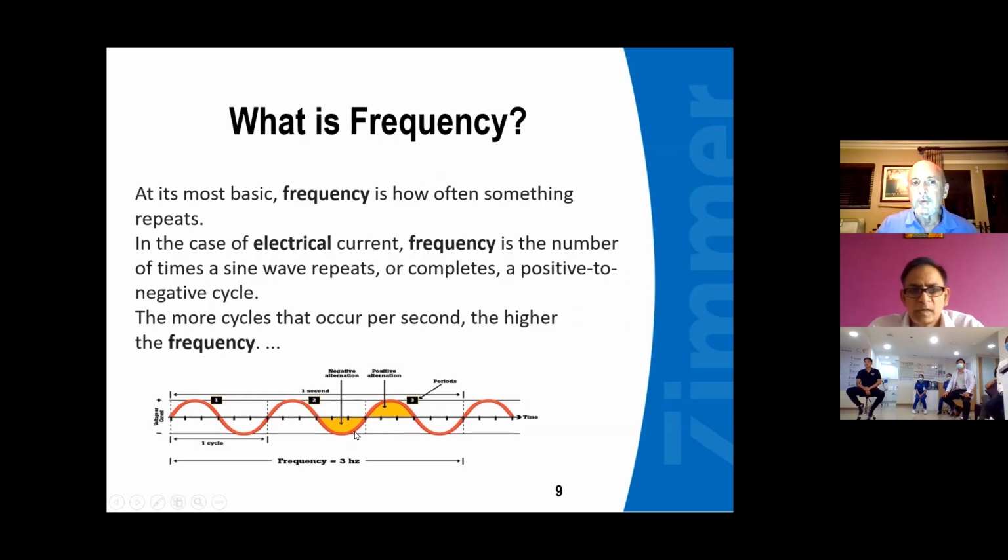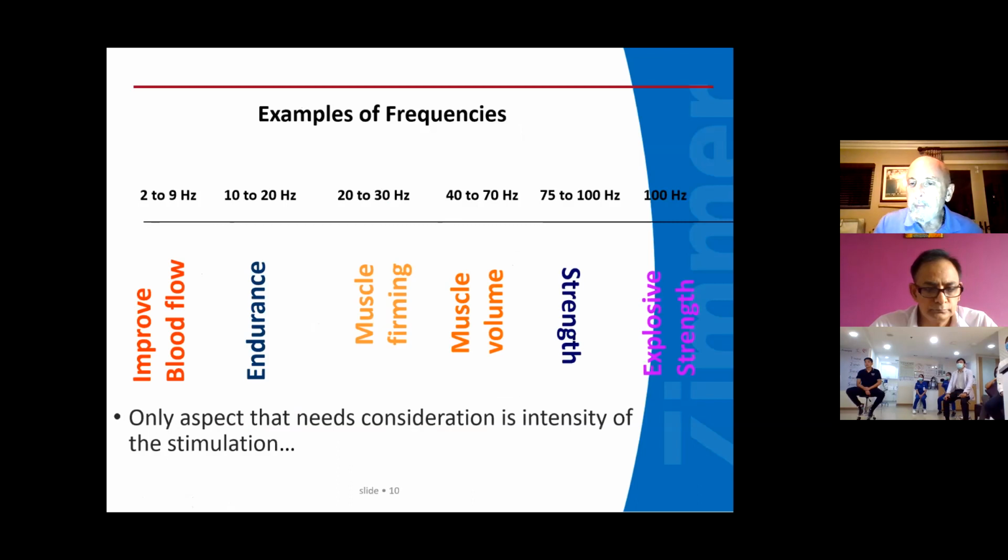What does that do? The more cycles or the faster the frequency, the better the penetration is of the current.